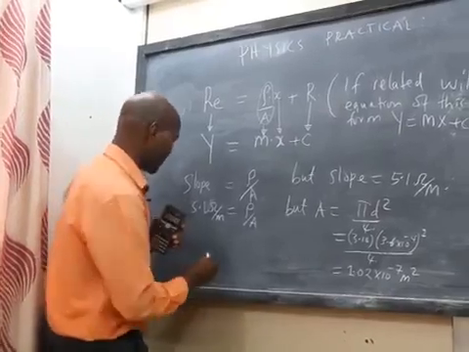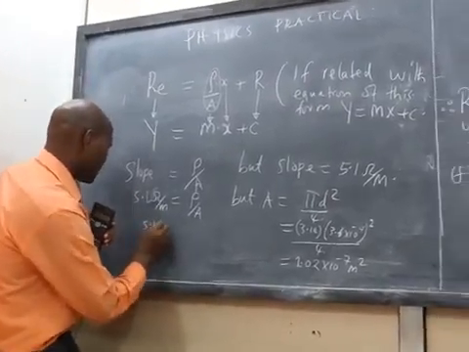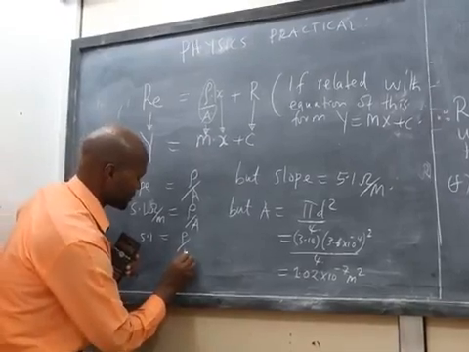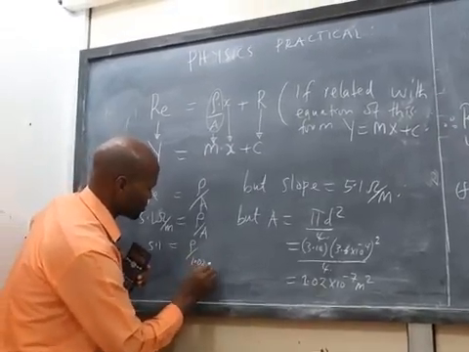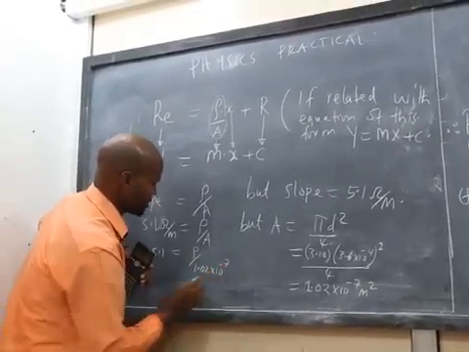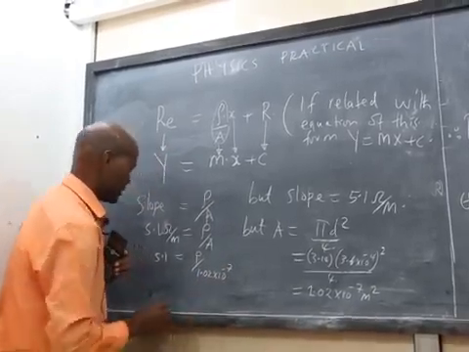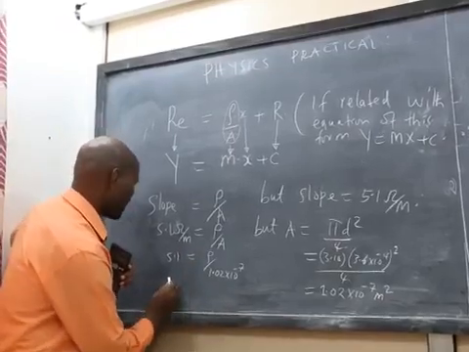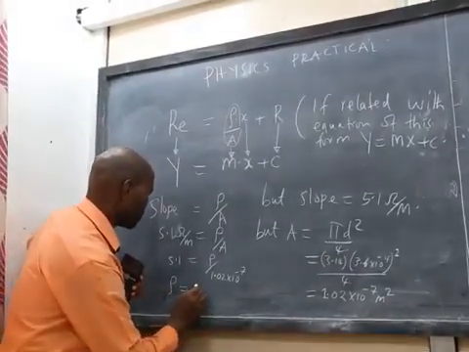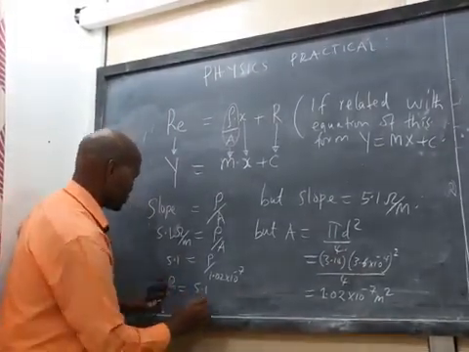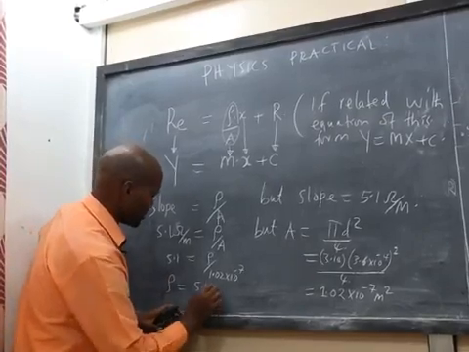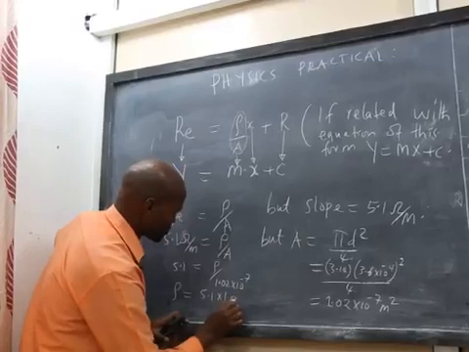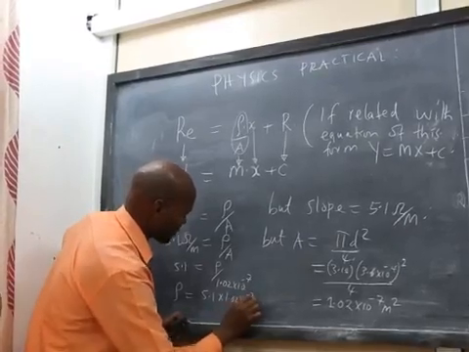Now 5.1 is equal to resistivity over 1.02 times 10 power minus 7. Making resistivity the subject, resistivity is equal to 5.1 times 1.02 times 10 power minus 7.